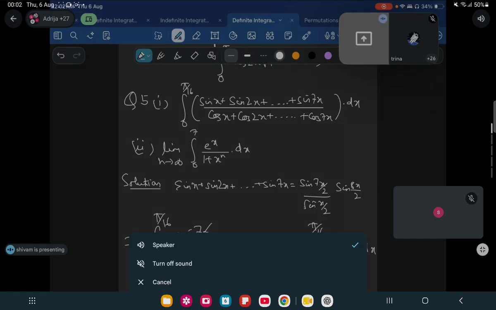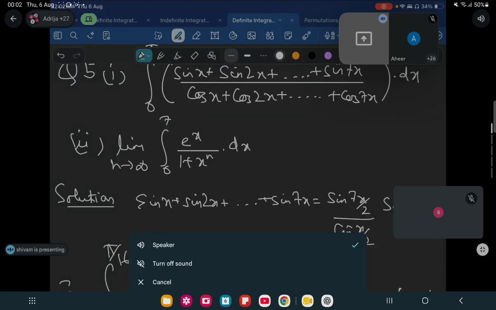Samragi, check the second one. Shashwato, check the second one. Is the upper limit of the second one 7 or 1? I have written 7. Yes, 7 only. Yes, 7 is correct, 0 to 7.